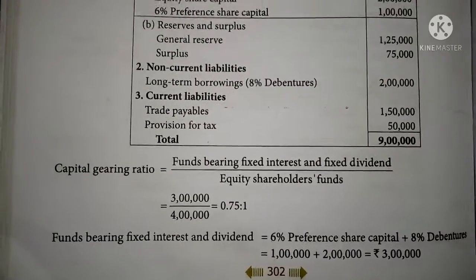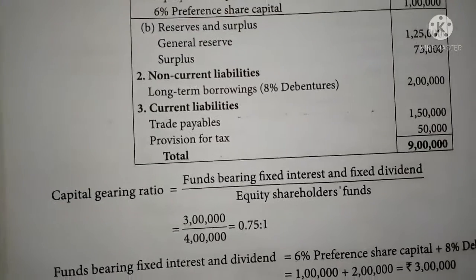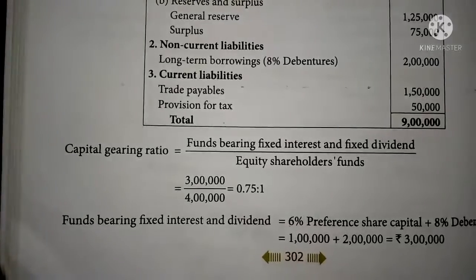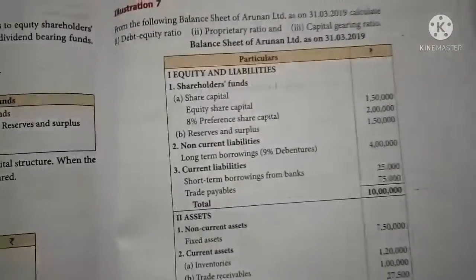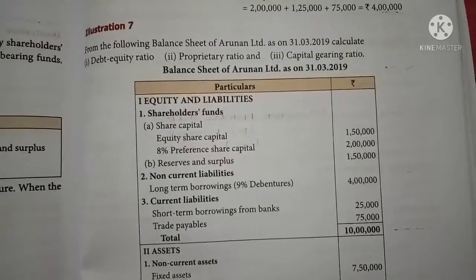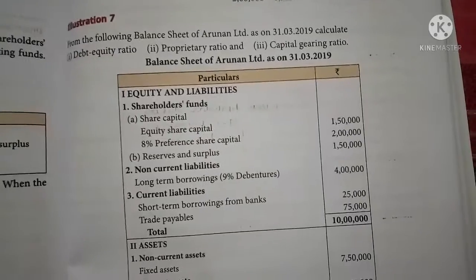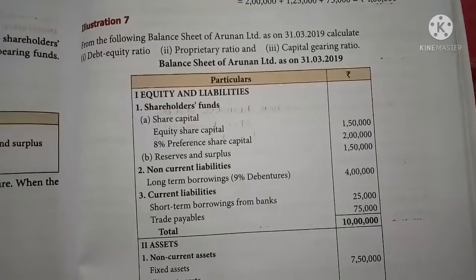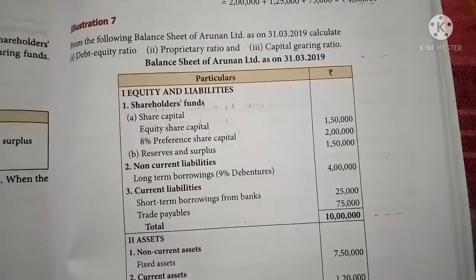You can work out these 3 example sums once again in your sums assignment notebook for accountancy. Also you can do illustration 7. In this illustration 7 they are asking 3 ratios in one sum: debt equity ratio, proprietary ratio and capital gearing ratio.